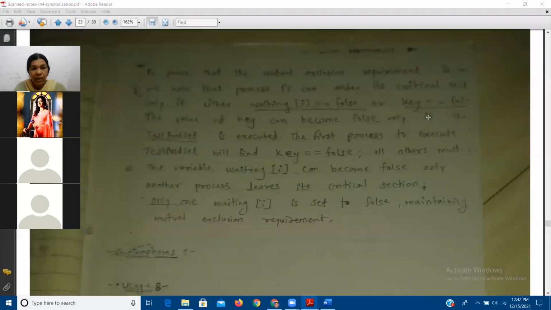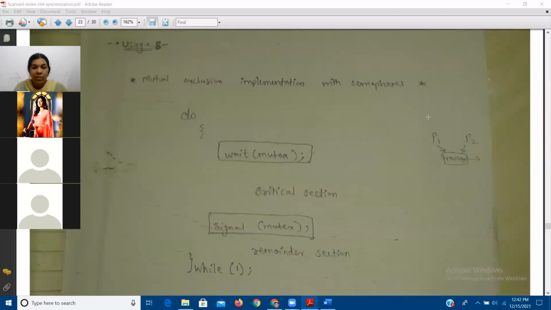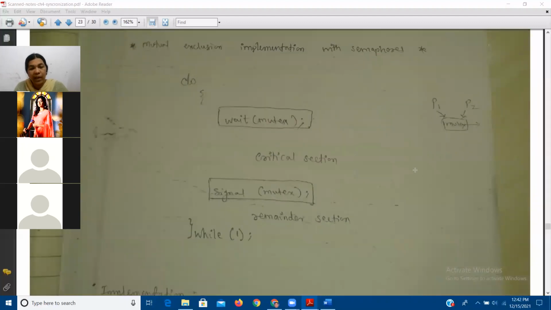Now we may use the semaphore variable like this also: mutual exclusion implementation with semaphore. Whatever solutions we discussed up till now were in an infinite do while loop. So: do, wait(mutex), critical section.